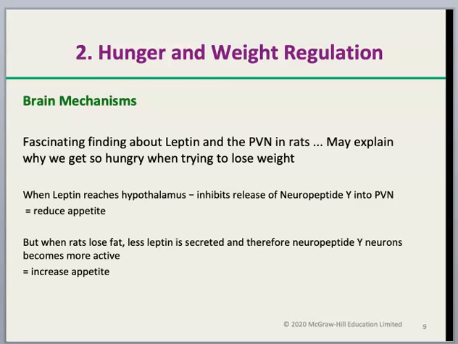What they're saying is when leptin reaches the hypothalamus, remember leptin is the signal that says there's too much fat, reduce your appetite. So leptin inhibits the release of neuropeptide Y and it reduces the appetite. But when rats lose fat, less leptin is secreted, and therefore the neuropeptide Y neurons become more active, which increases your appetite.